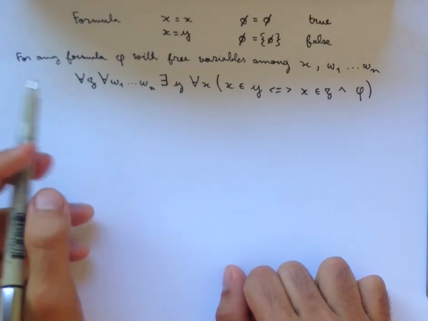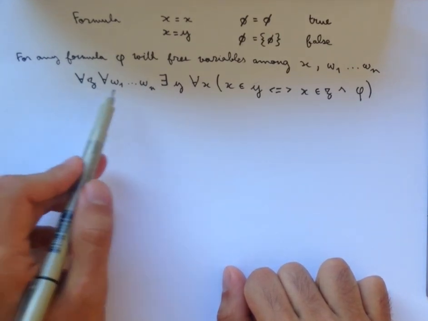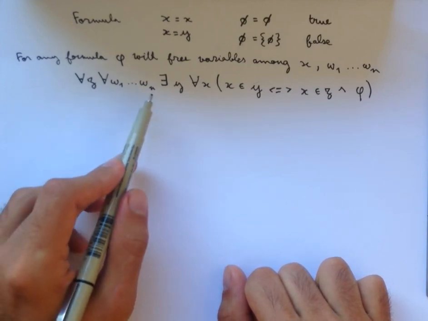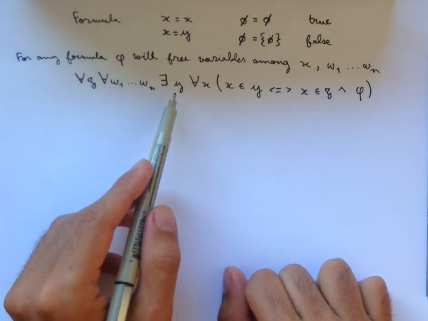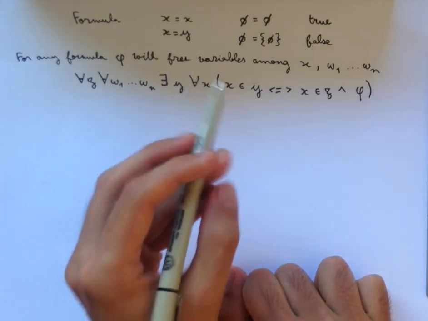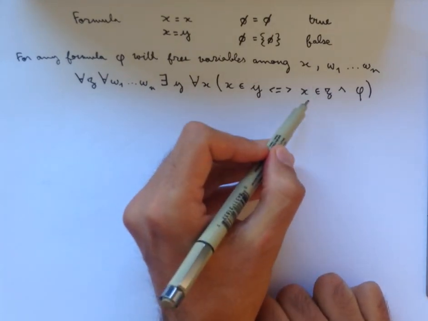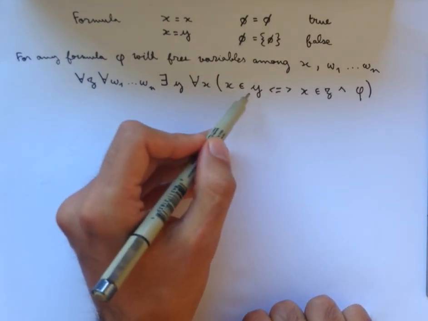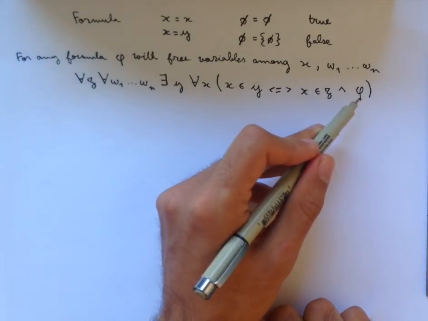And so what this axiom is saying is that you can take any set z and you can specify what these free variables w1 through wn are with anything, and then you're guaranteed that there exists a set y which satisfies this following clause, which is that if x is in y, then that means that x is in z and phi is true. And if x is not in y, then that means that either x is not in z or phi is not true.